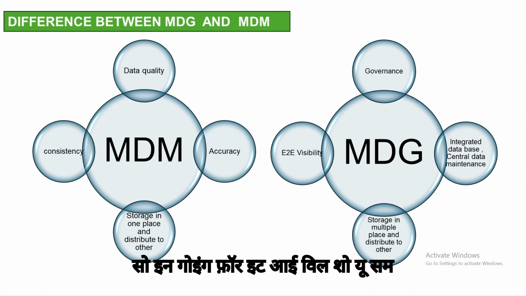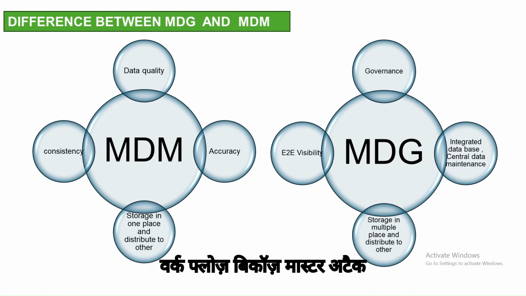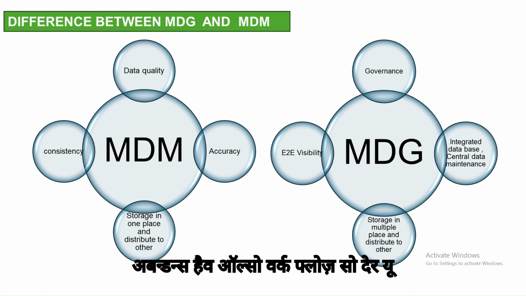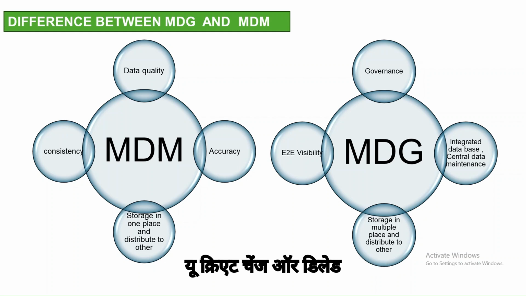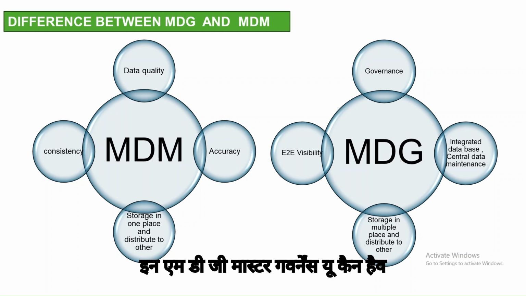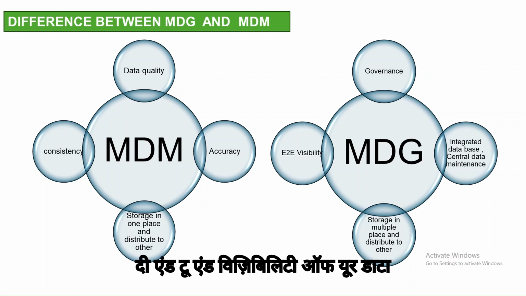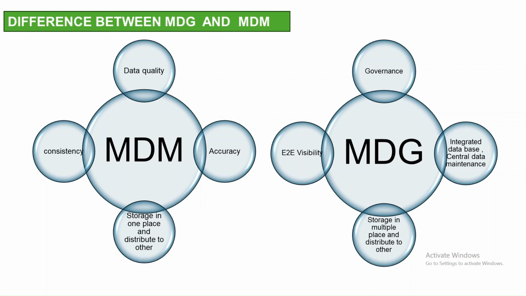Going forward I will show you some workflows, because master data governance also has workflows. Your data can go through an approval process before you create, change or delete it. That is the reason we can say that in MDG you have end-to-end visibility of your data.